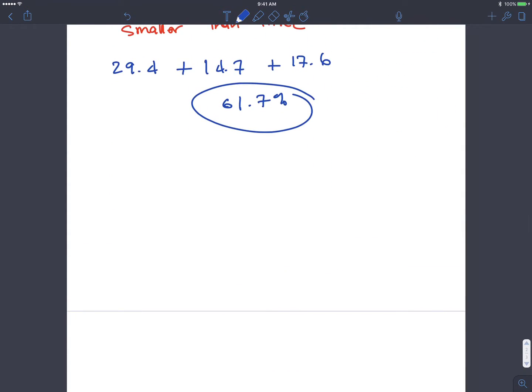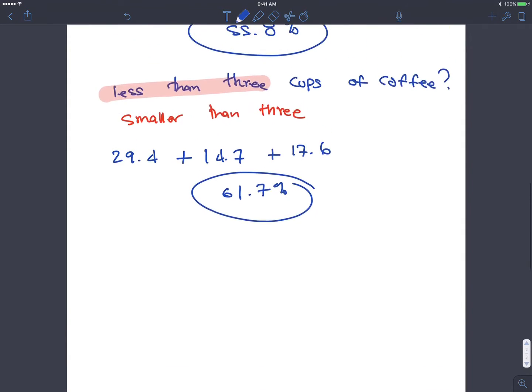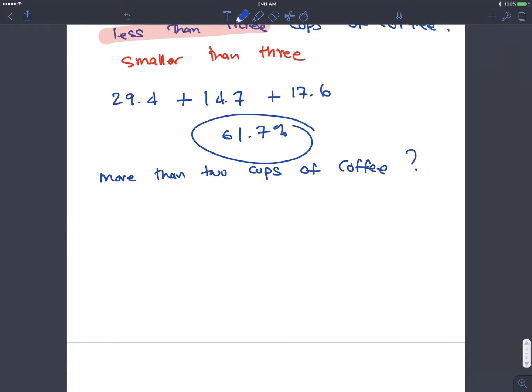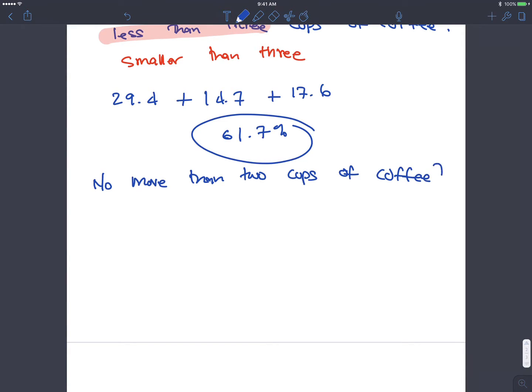The next question we have to answer is what percent drinks more than 2 cups of coffee per day. Let's double check. Let's go back. Question E is actually not more than 2 cups, no more than 2 cups of coffee per day.